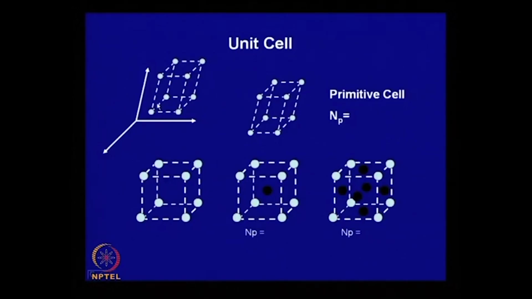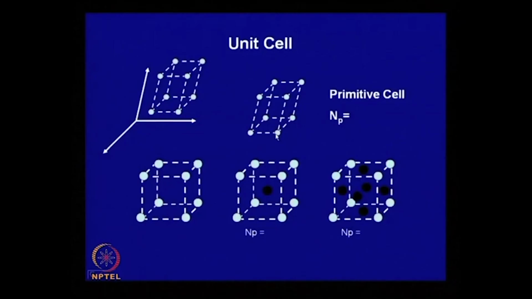This is the lattice structure. Now, when you have points, this is the smallest building block of that lattice called unit cell, and let us look at this particular unit cell.